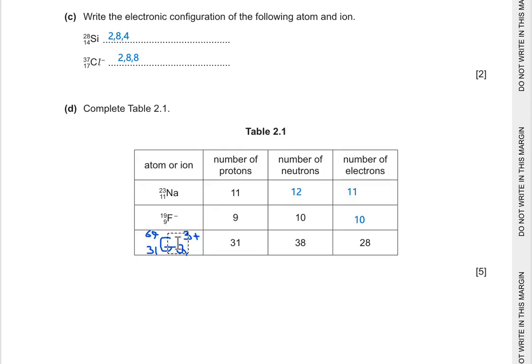So if it's a minus, that means it has an extra electron. If it's a plus, that means it has fewer electrons. So 12, 11, 10, and for gallium, we can just use the number of protons because the number of neutrons or the number of electrons is actually variable. The only invariable part is the number of protons.